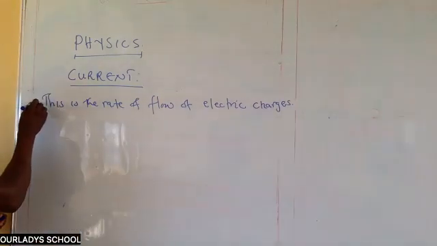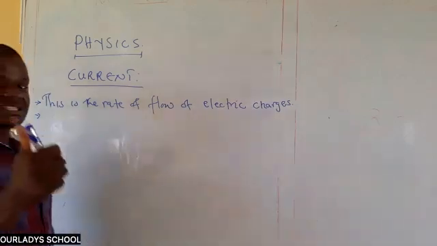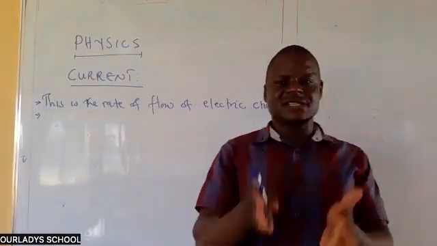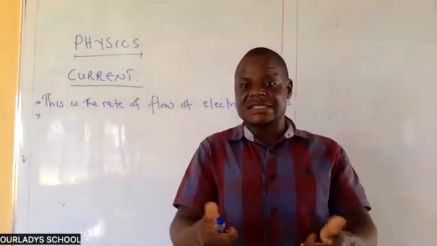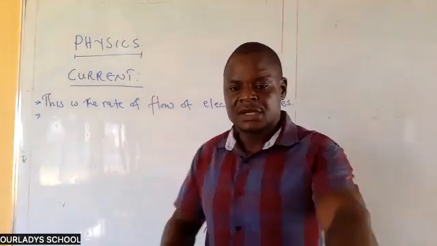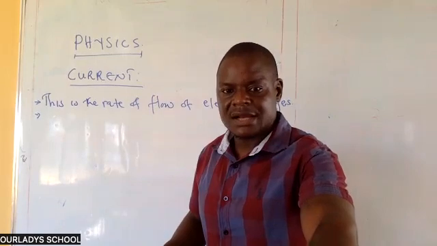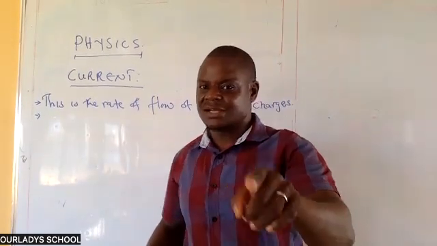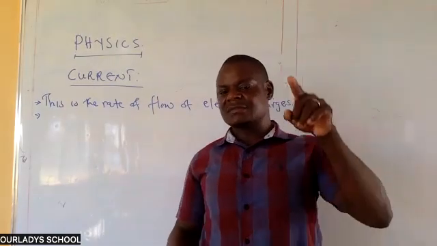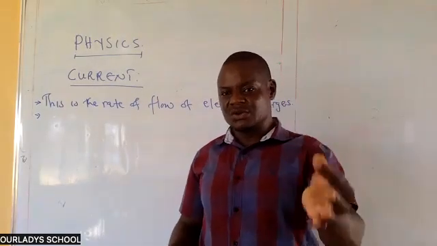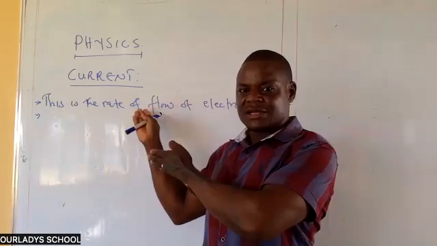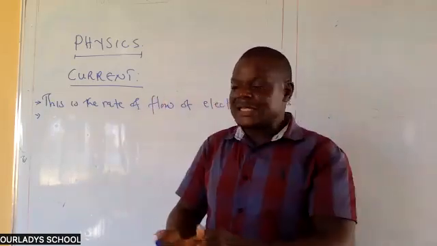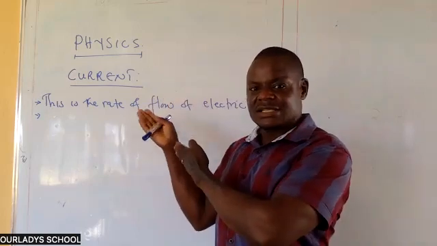However, because current is a physical quantity, remember the introductory point of physics, we look at physical quantities, the things that we can measure. Because current is something that we can measure, there should also be the units in which this physical quantity is measured.